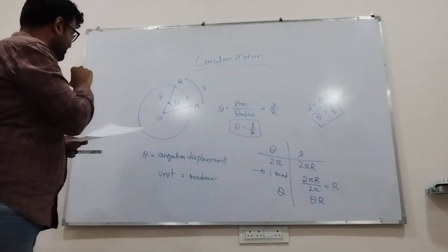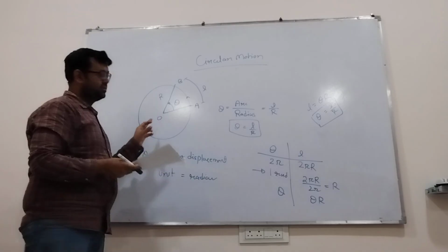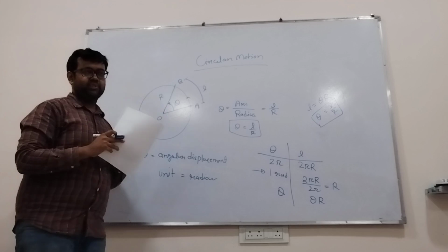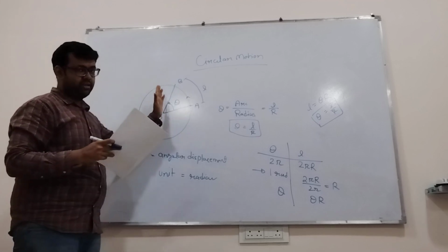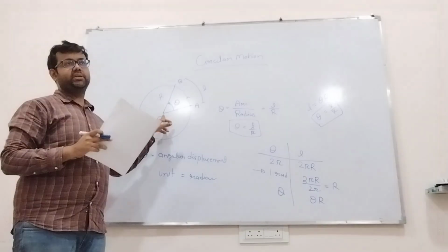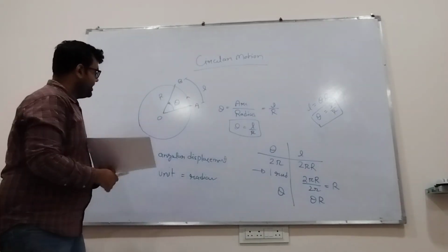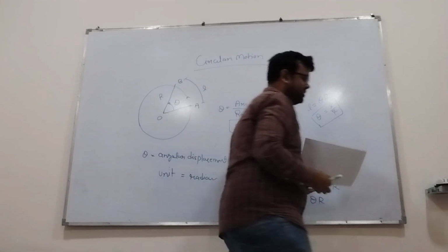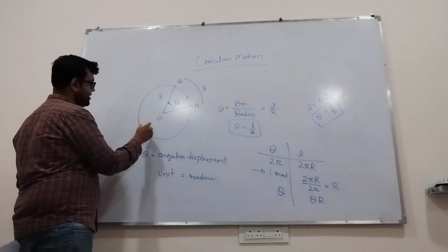So, see, when I am doing this, the observer is at the center of the circle. We are seeing this object moving from A to B while standing at a point O. Now suppose there is another observer that is somewhere here, O dash.